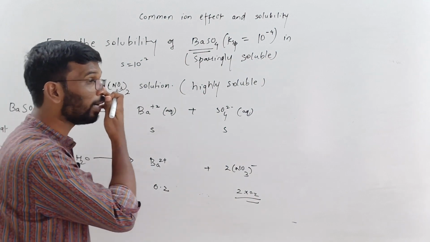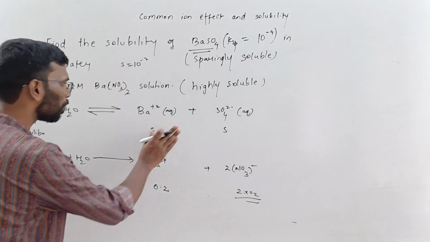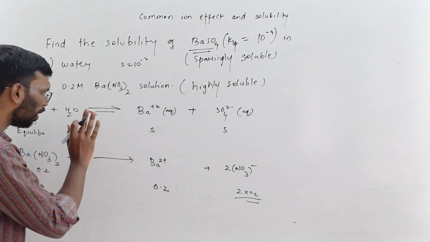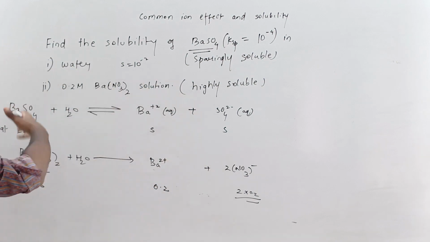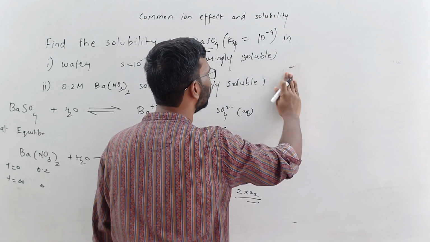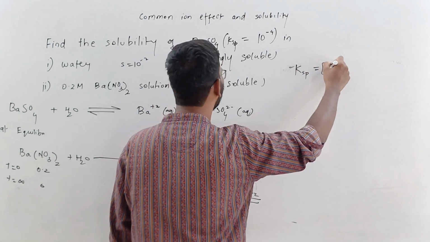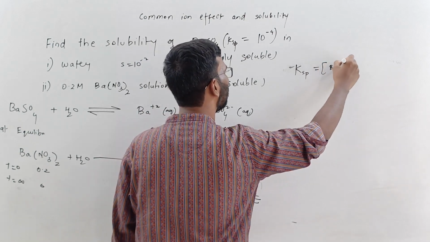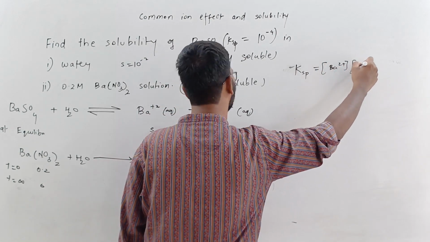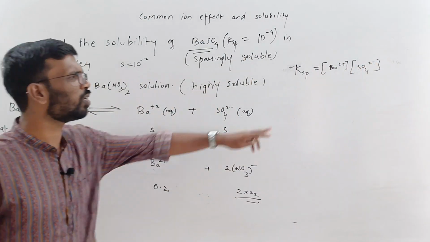But now we need to find the solubility of barium sulfate. So if I ask you what is the concentration, this is in one whole mixture, right? Concentration, solubility product, we'll do this. KSP will be the concentration of Ba2+ and the concentration of SO4 2-. In this reaction mixture, what is the concentration of Ba2+?